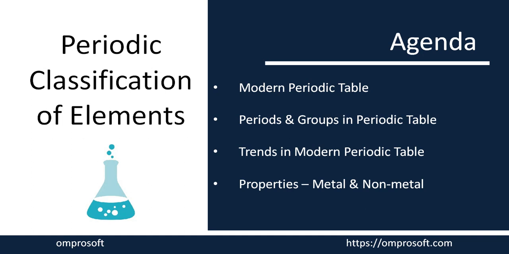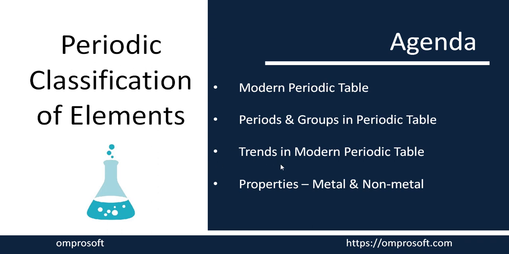Next one, periods and groups in the periodic table, in which I try to provide you complete knowledge about each and every group and period present in the periodic table.